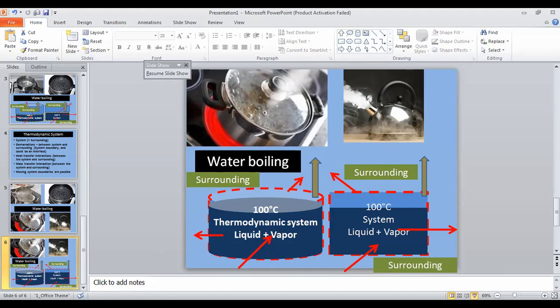All water boiling, true. This one, system is only liquid. Liquid only system. Vapor portion belongs to surrounding, because vapor continuously evaporates and it is out of our interest, this releasing of moisture or vapor here, steam.